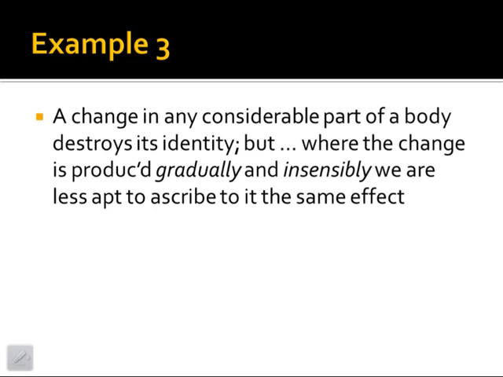So this one, he's saying, if a change in any considerable part of a body destroys its identity, so if any part of something is changed, the identity immediately is destroyed and it becomes diverse. Yeah. But isn't it interesting that where the change is produced gradually and insensibly, so gradually and in a way that we can't really tell, that's what insensibly means, we are less apt to ascribe to it the same effect.